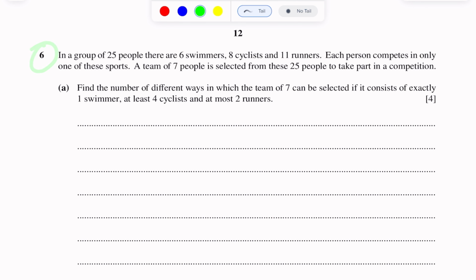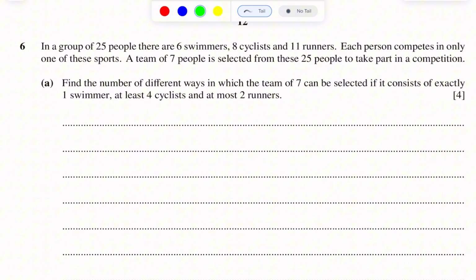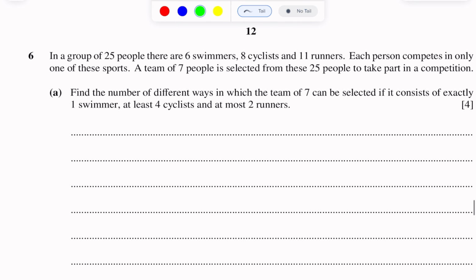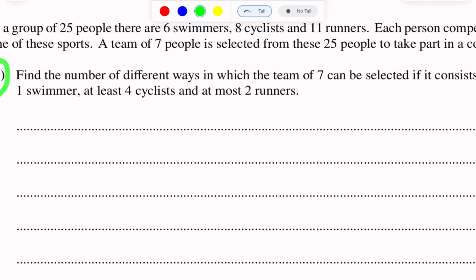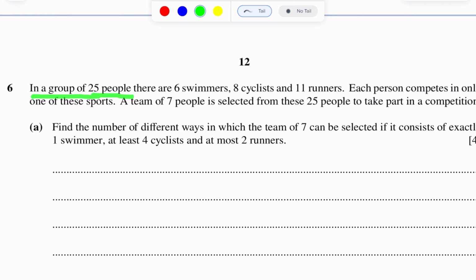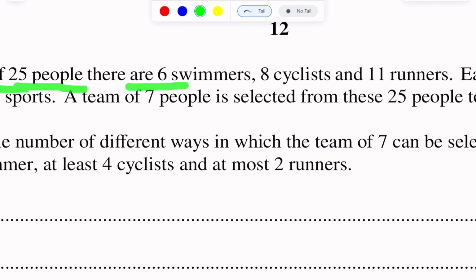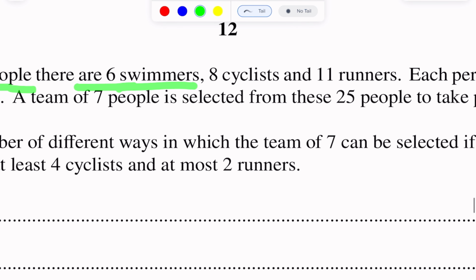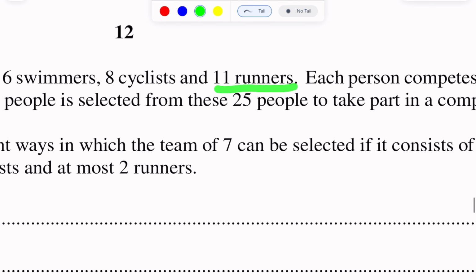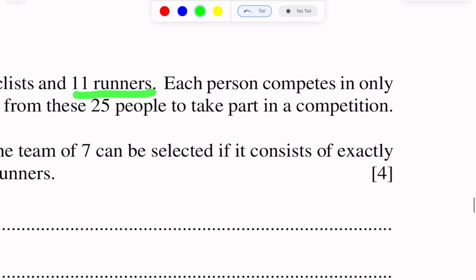Question number 6. This is the last question of this paper. This question is from permutations and combinations, but part A of this question is of combination. In a group of 25 people, there are 6 swimmers, 8 cyclists, and 11 runners.